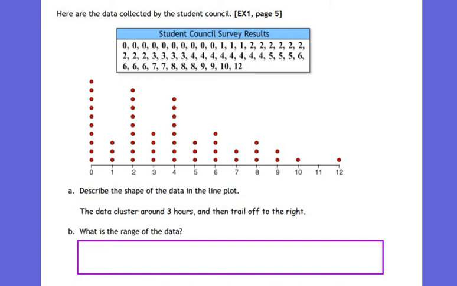Yes. It can be negative. Your range is your smallest number to your largest number. So what is my range here? 0 to 12. Okay, your smallest to your largest.